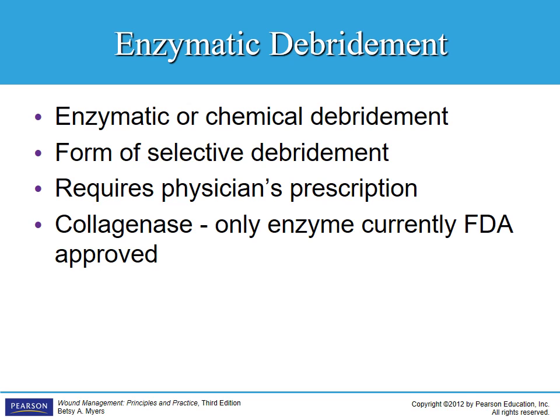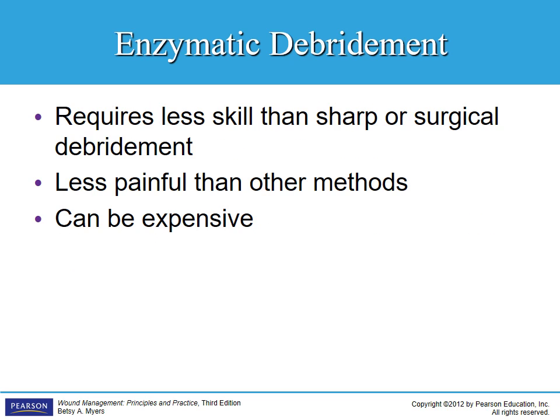If you break down the name, it means it breaks down collagen. So collagenase breaks down collagen. A lot of the yellow slough that you see are dead, devitalized collagen fibers. So a collagenase breaks those collagen fibers down so that you can wipe them off and get to a clean wound. And that's enzymatic debridement at its finest.